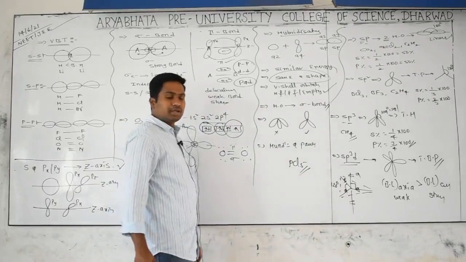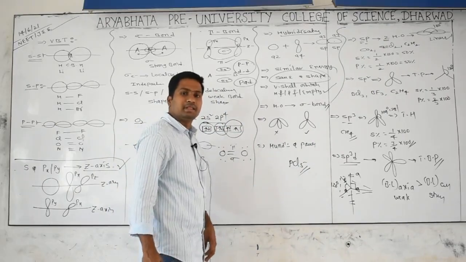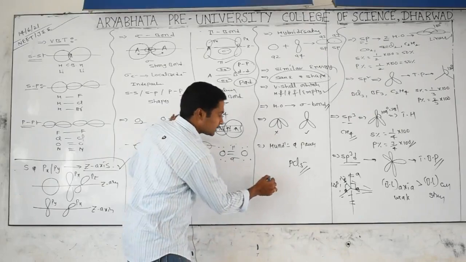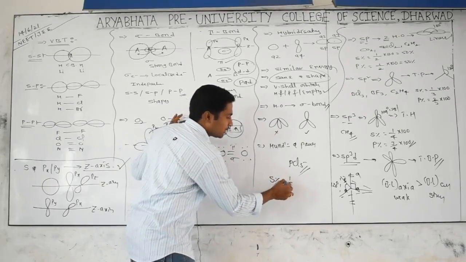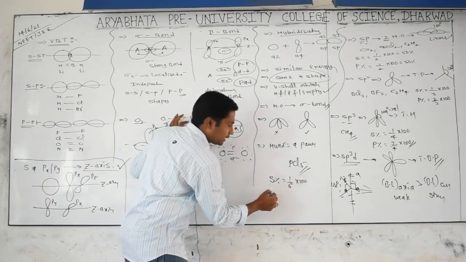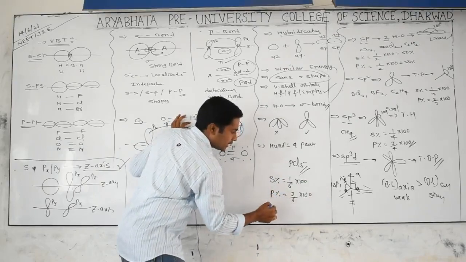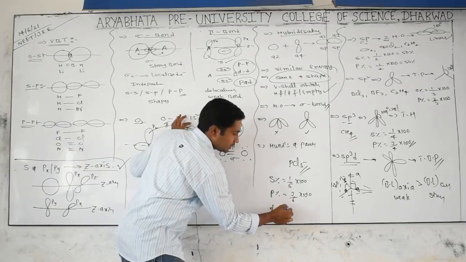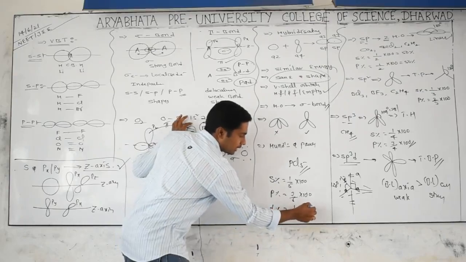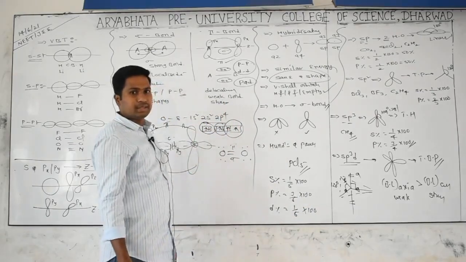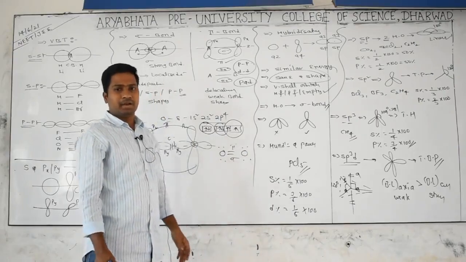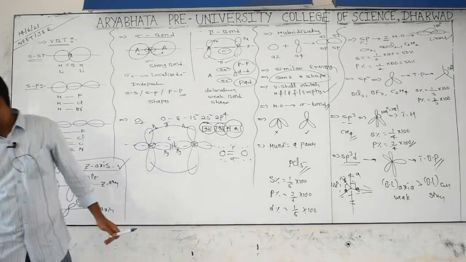That's why PCl5 generally breaks down into PCl3 plus Cl2. Here the S character percentage is 1 by 5 into 100, the P character is 3 by 5 into 100, and the D character percentage is 1 by 5 into 100. That is 20, 60, 20, around 100. All of you understanding?